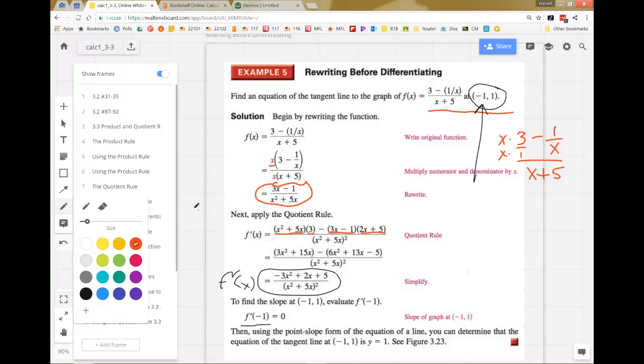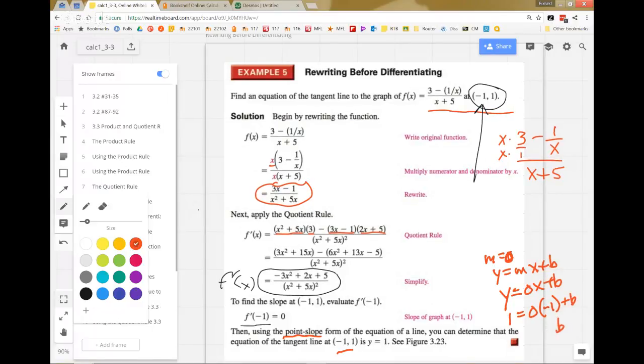Okay, so now that you know the slope is 0, you just found out the slope of the tangent line. Now, they say, by the way, use the point-slope form. I would use the slope-intercept form. So you know that the equation looks like this. We now know m is 0. And now substitute in your point: 1 for y, and 0 times negative 1 for x.